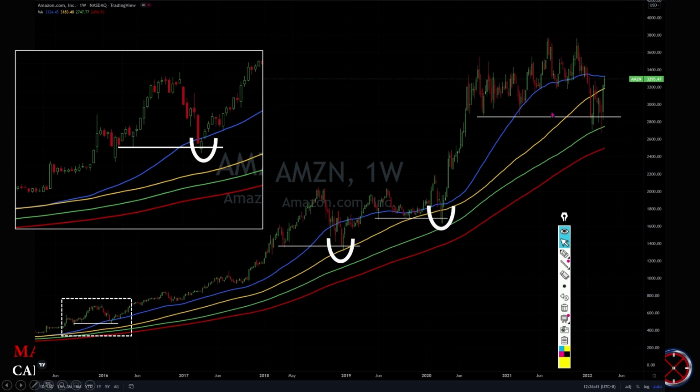So now right here, what we need to take note of is that if price overextends and flushes up strongly, like this rally example, it is far apart from the 50 moving average.